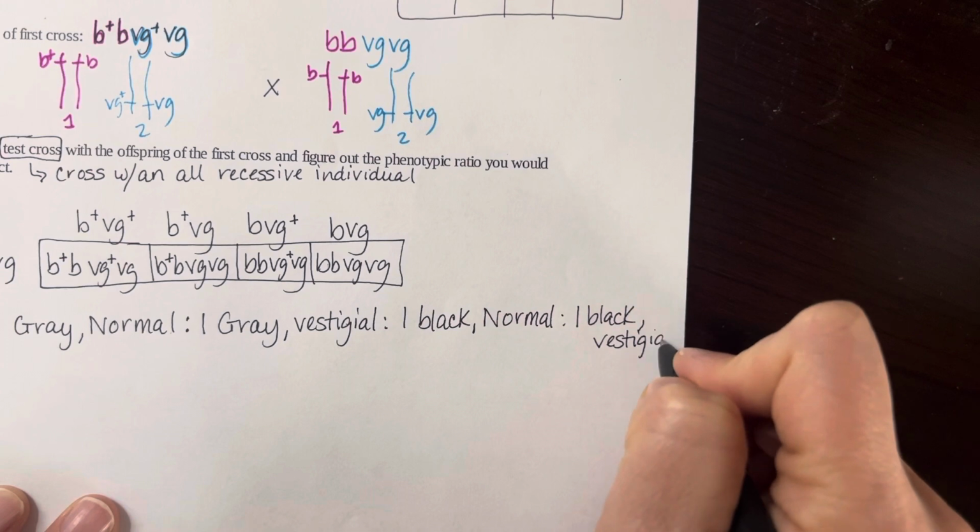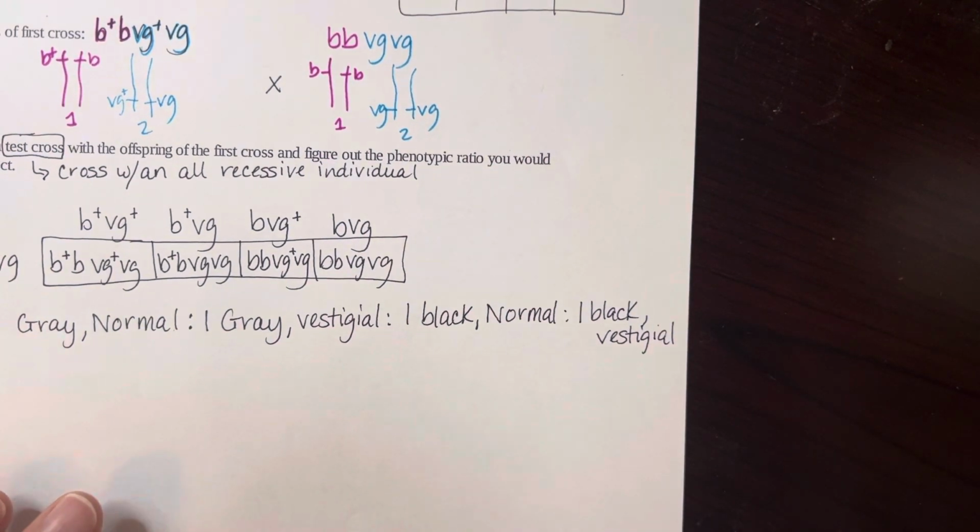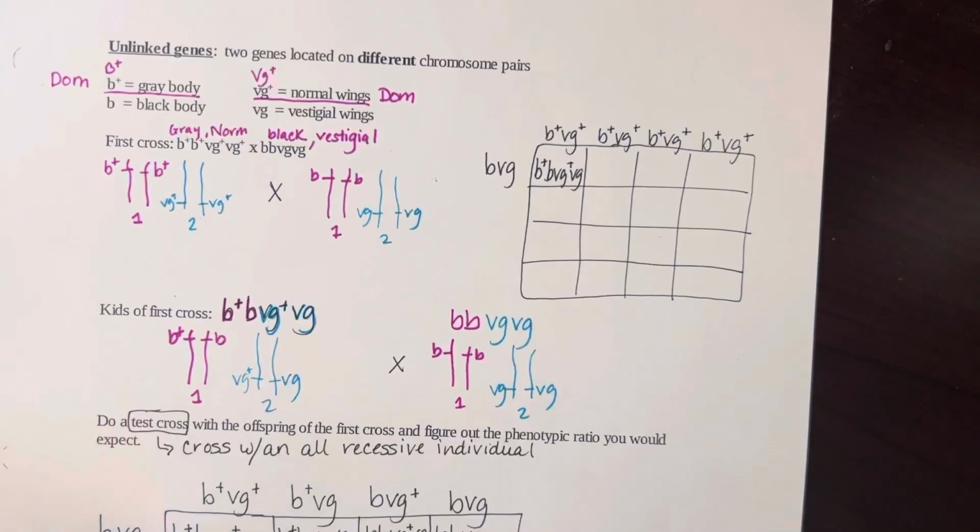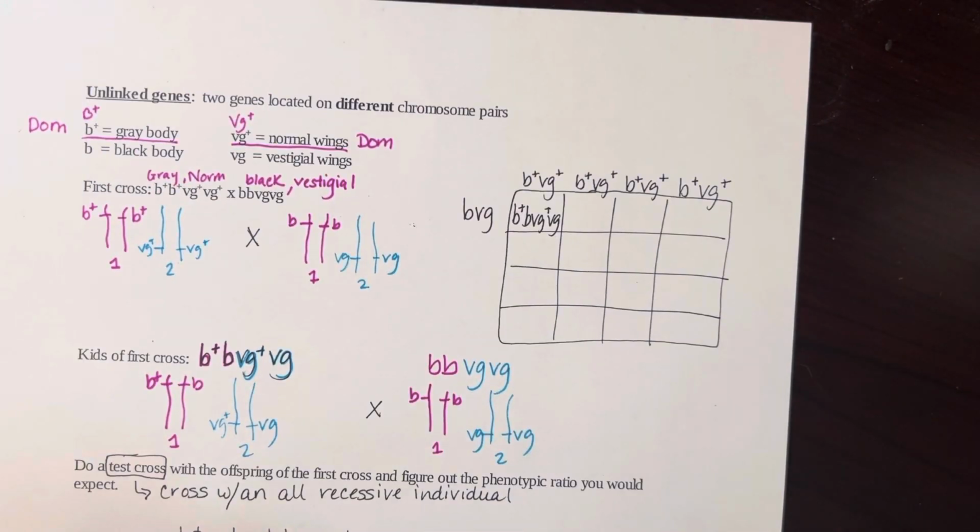So we get a 1 to 1 to 1 to 1 ratio. All right, so that's what you would expect if they're on different chromosome pairs.